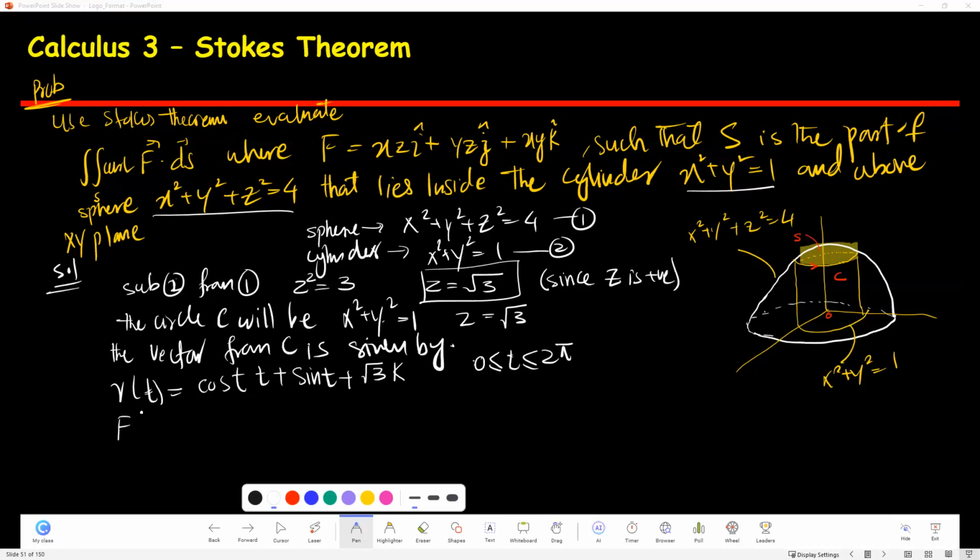a dot product for F(r(t)). Let me just do this: r'(t) is equal to minus sin t i plus cos t j, and then this is the height. I just take the integral of this. So I'm going to multiply the two.